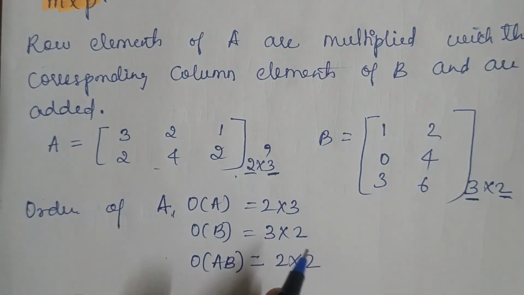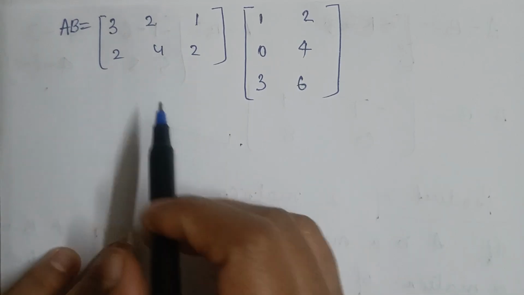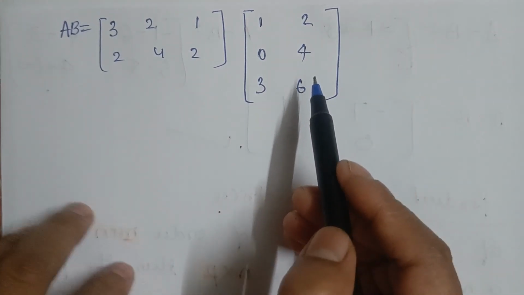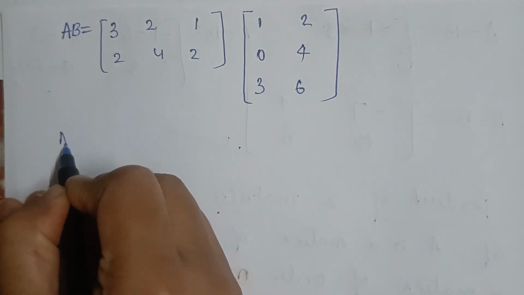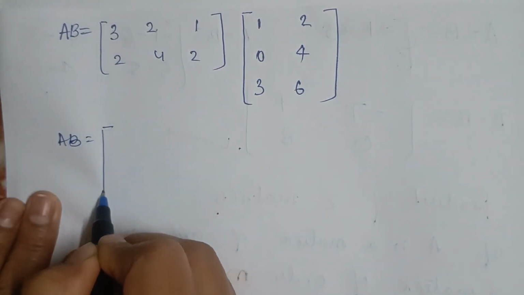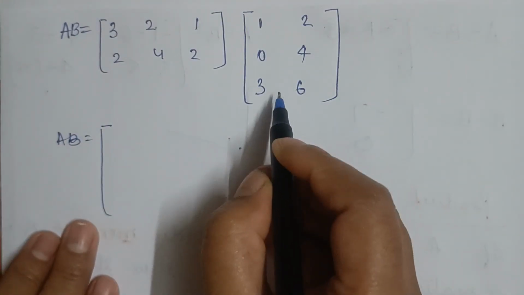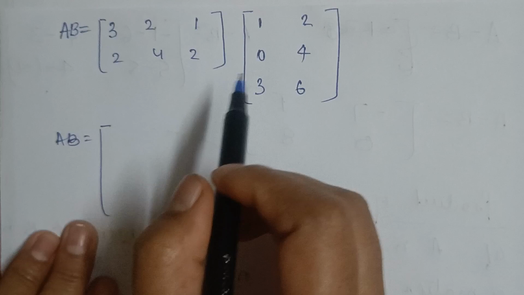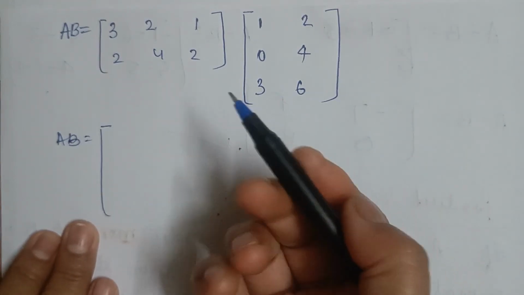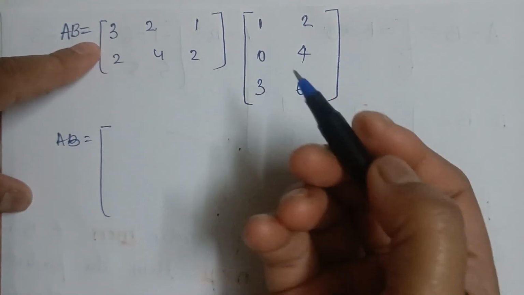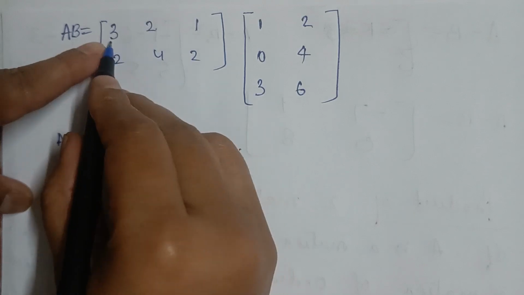Okay, 2 by 2. So the product I can find as follows: I'll multiply the first row with the first corresponding column and add the elements. I'll show you how it is done. If I show that, your confusion will be resolved.